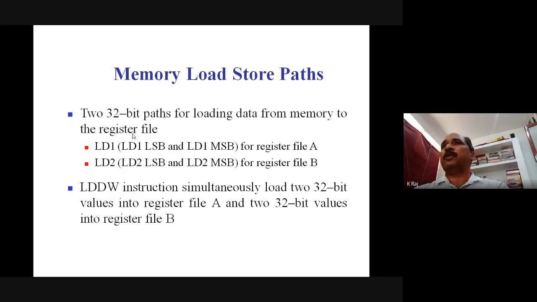LD1 is for register file A and LD2 is for register file B. The LDDW instruction simultaneously loads a 32-bit value into register file A and a 32-bit value into register file B.